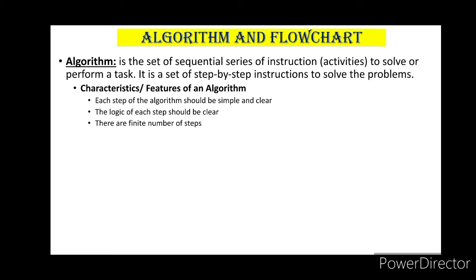I cannot change the values or do subtraction, multiplication, whatever. We only do what we are instructed. So there should be a finite number of steps. If you have written 5 steps, then next time if you write only 4 steps, that cannot be. So there should be an exact, proper number of steps.